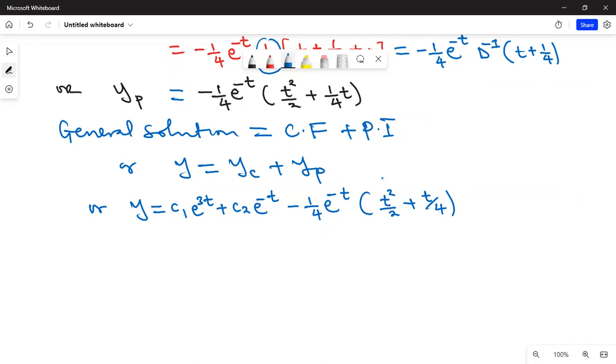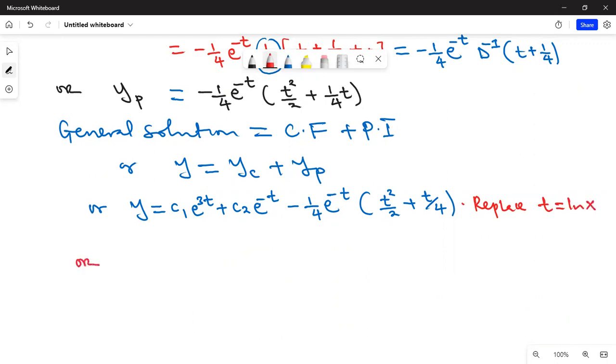Now remember, this solution depends on t, but if you look at our original ODE, it was y depending on x. I need to get rid of t so that I go back to the original variable x. So you need to replace t. We said t is the same as ln x.